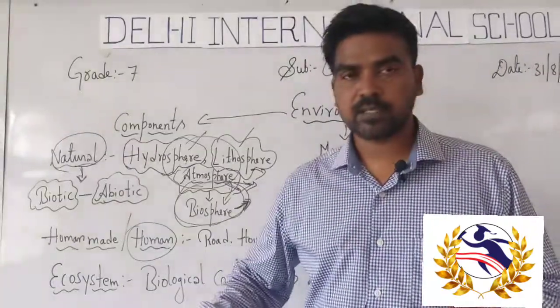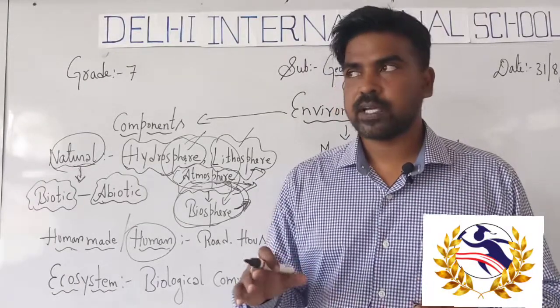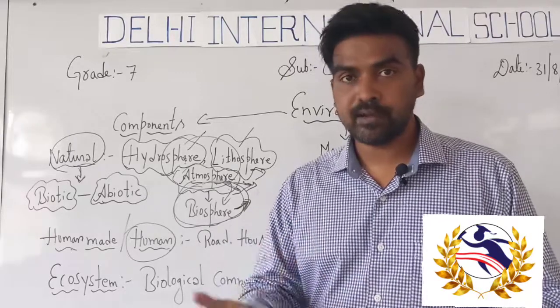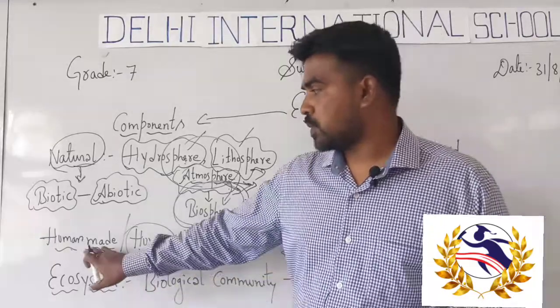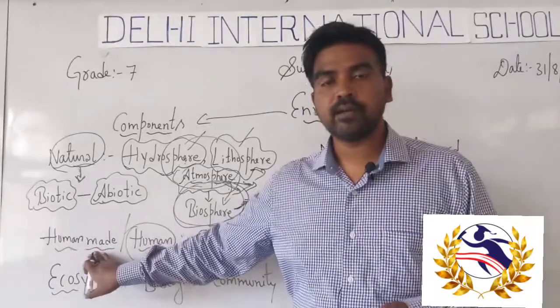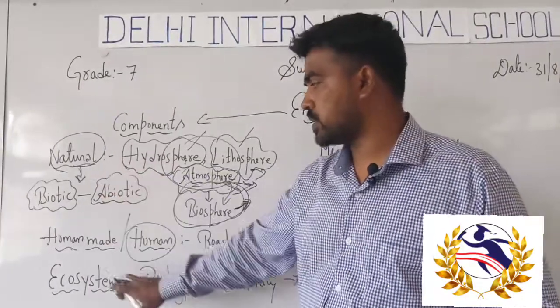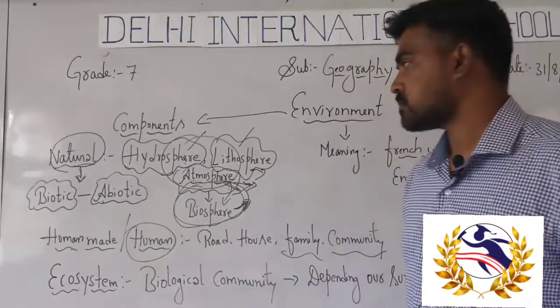We have roads, we have vehicles, to lead our life. We have constructed houses. This is all human made, it is not natural. Such things we call the human made environment. Like this, our environment is divided into natural environment, human environment, and human made environment.